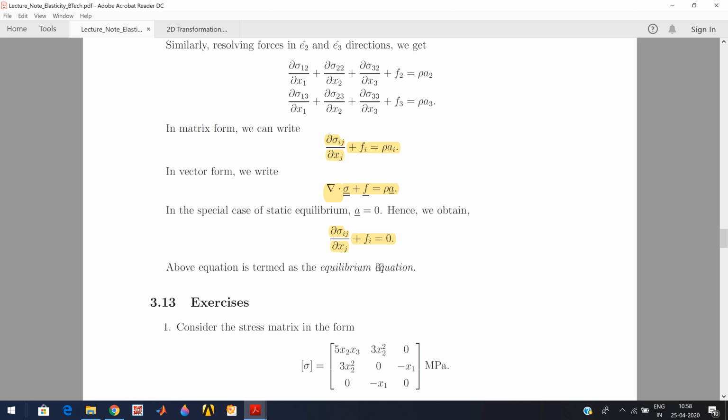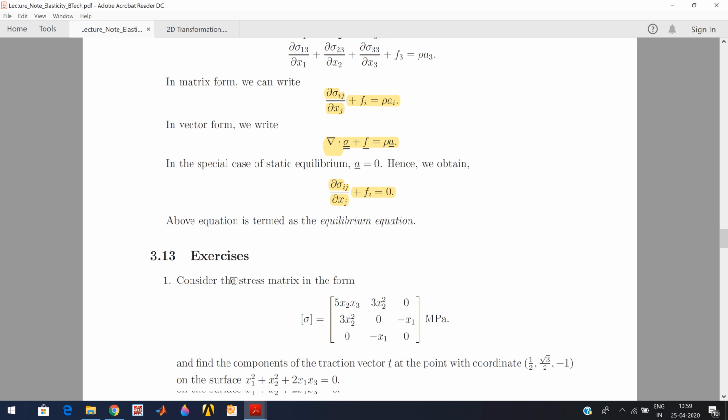Okay, so if a body has to be in equilibrium, the stresses should follow these three equations. So that's a very fundamental equation. Sometimes this equation will be needed for solving many problems related to solid and fluid mechanics.